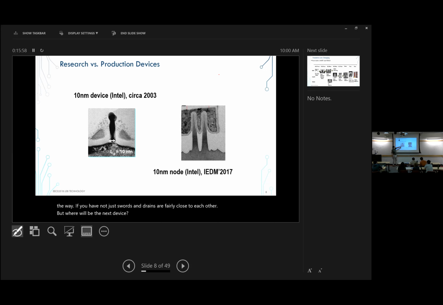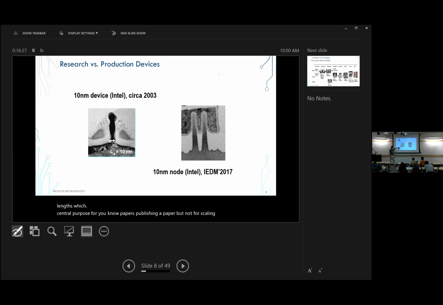Well, you need to fit this source over here, then there will have to be some isolation, and you have to fit another source over here. So the next gate would have been somewhere over there. This looks more like a 65 nanometer device with 10 nanometer gate lengths, which serves its purpose for publishing a paper, but not for scaling a technology.